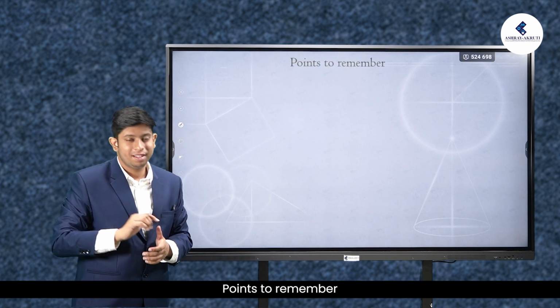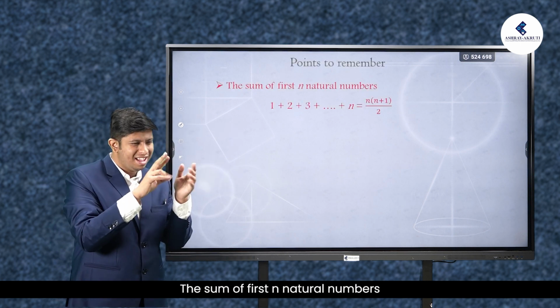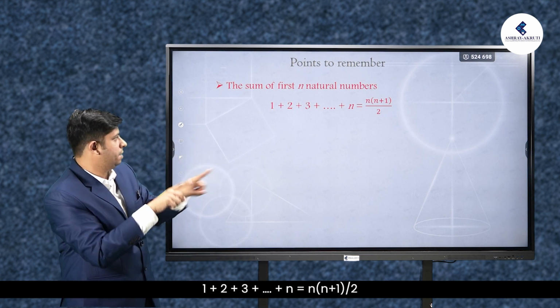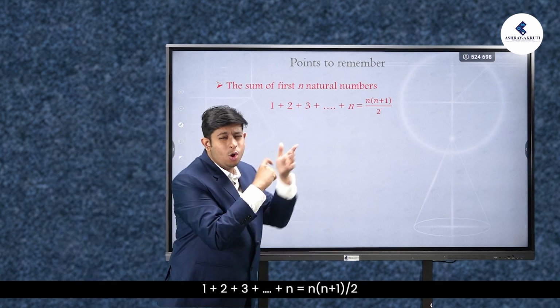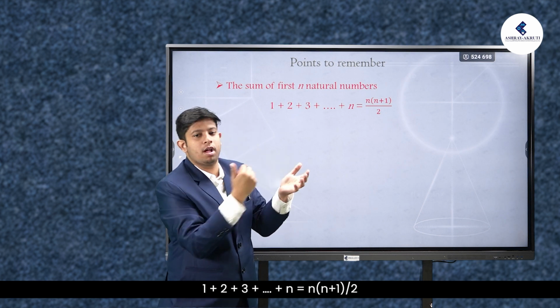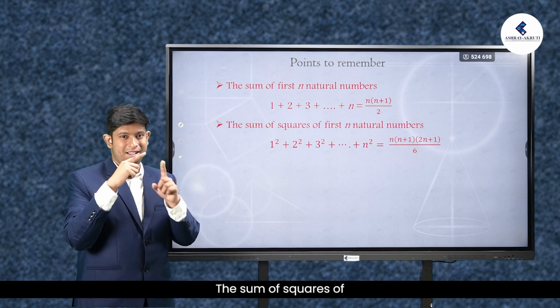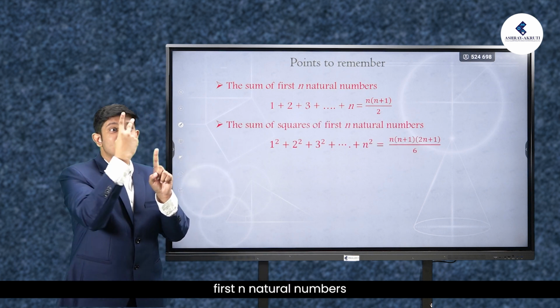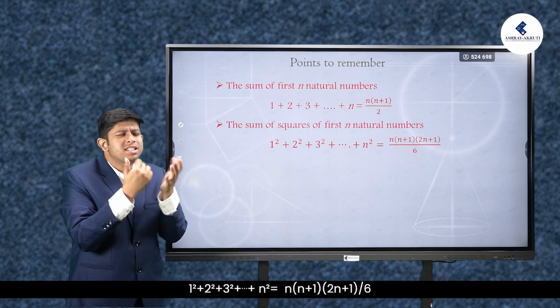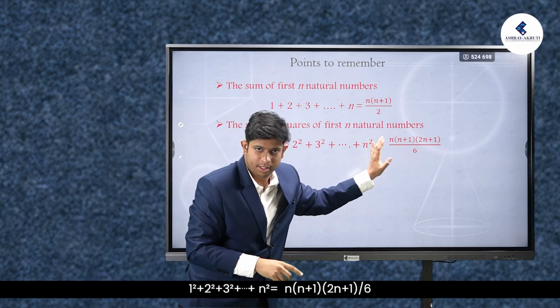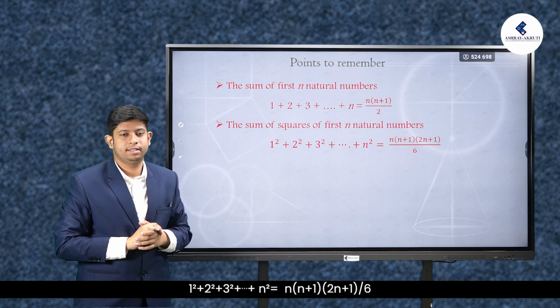Points to remember. The sum of first n natural numbers 1 plus 2 plus 3 so on plus n is equal to n into n plus 1 by 2. The sum of squares of first n natural numbers 1 square plus 2 square plus 3 square so on plus n square is equal to n into n plus 1 into 2n plus 1 by 6.